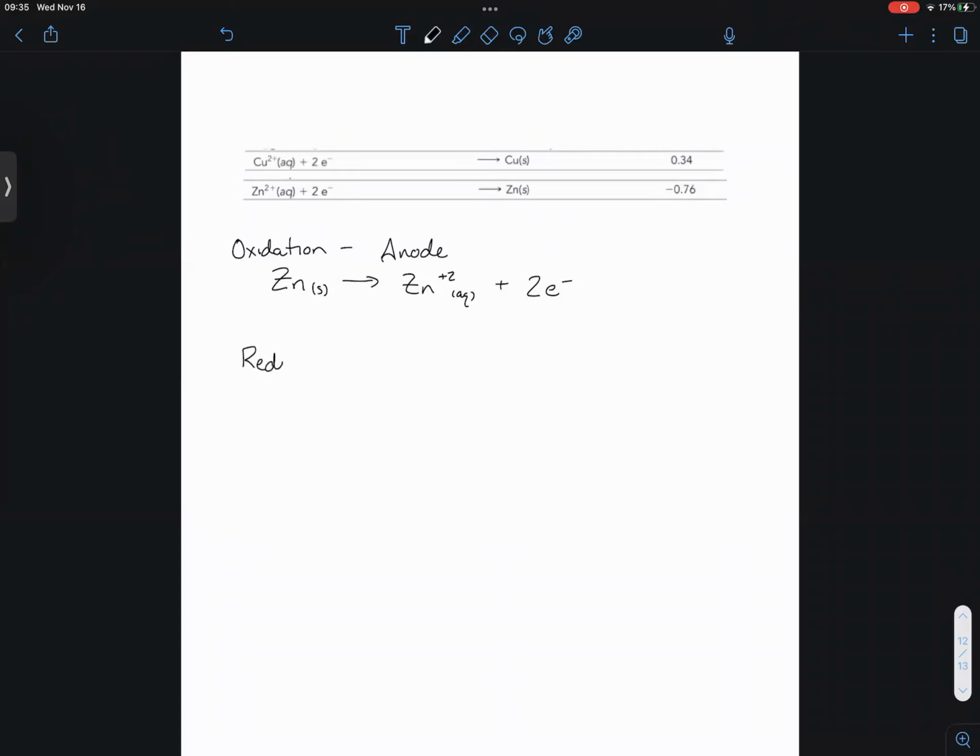And then for our reduction half reaction, which occurs at the cathode, we have our copper accepting those 2 electrons and going to being solid copper. Right, and we called these values over here, so that checks out for what we see on this portion of our table. These values we call the standard potentials.